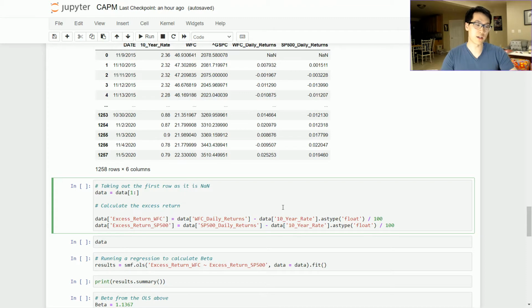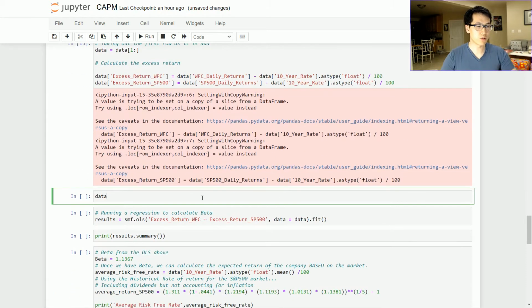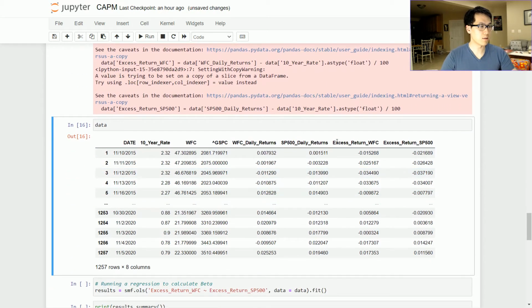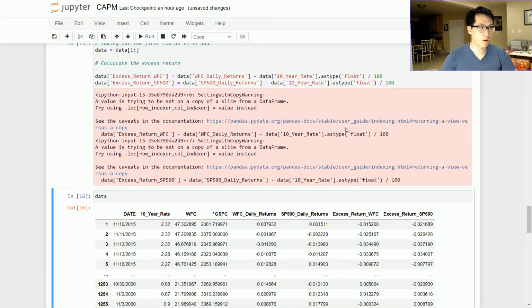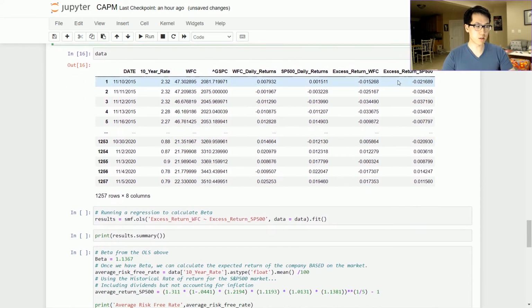And I just created an additional two columns over here, two features, which include the 10-year rate related to our overall return. And notice that I divided by 100 because it is a percent, so I converted it to a decimal, and we have the same units.